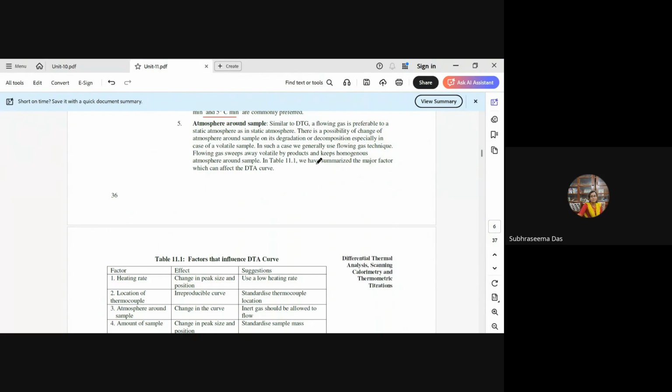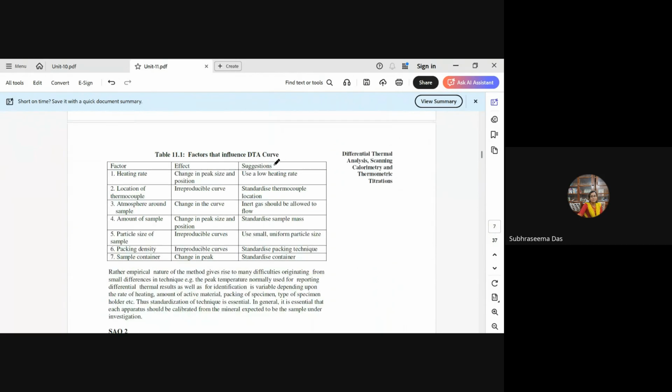Here, a list of factors that influence the DTA curve has been shown. First is the heating rate. The effect is a change in peak size and position. The suggestion is that we always use a low heating rate in the range of 5 degrees centigrade to 10 degrees centigrade. Then the location of the thermocouple produces an irreproducible curve, so we should always standardize the thermocouple location.